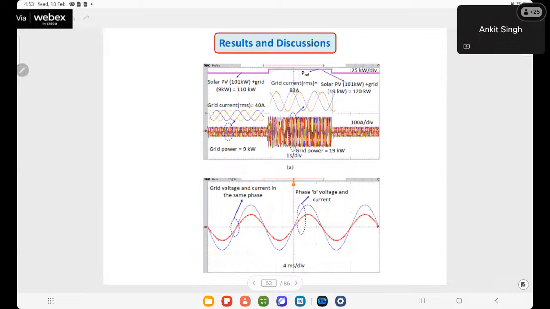Okay, this is the real-time waveform. Grid power is 9 kilowatt, and reference power is 110 kilowatt. If reference power is increased to 120 kilowatt, then grid power will increase.